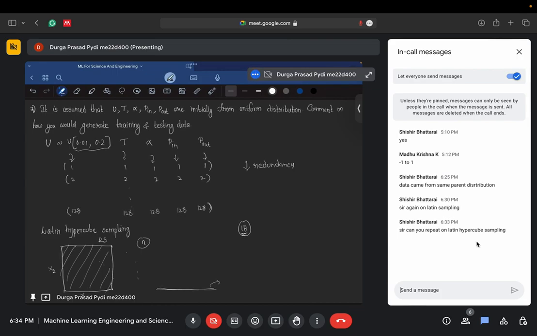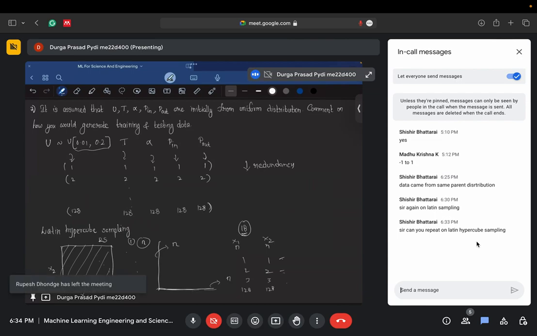This is one way. What Latin hypercube does is, first it will consider only x1 and generate n samples, then it will only consider x2 and generate n samples, and with this it will pair them. You have an x1 and an x2, so you randomly select one x1 from this, one x2 from this, then a second, a third, and so on. So what you ensure here is that each of these samples can be diverse enough, unlike the previous one.